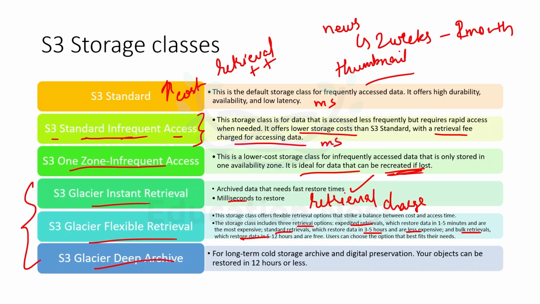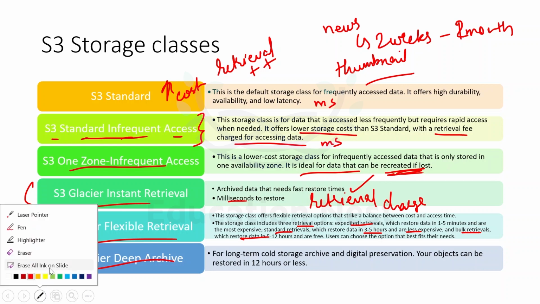It won't be accessed. In those cases, you can use Glacier Deep Archive, where your objects can be restored in 12 hours or less. So these are all the different storage classes that we have. You can change the storage class for a particular object. That can be done.